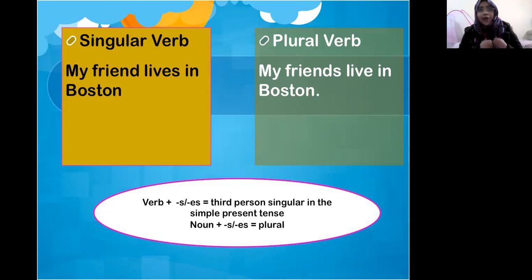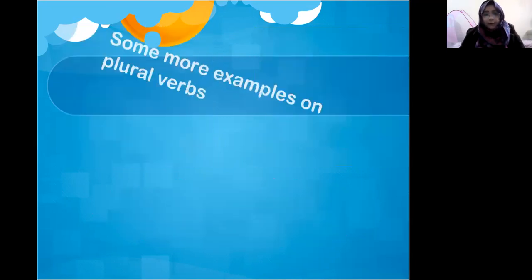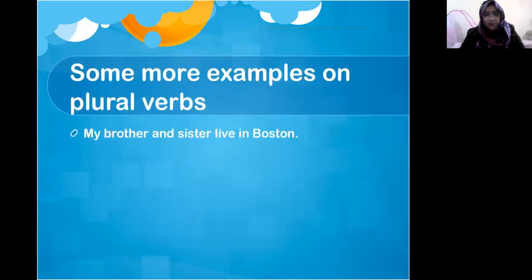Like I live, we will say I live in Saudi Arabia, or I live in India. But when it is he or she, we will say he lives in India, she lives in a particular place, whatever it is. So this way.